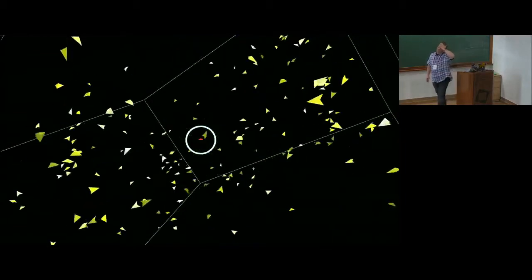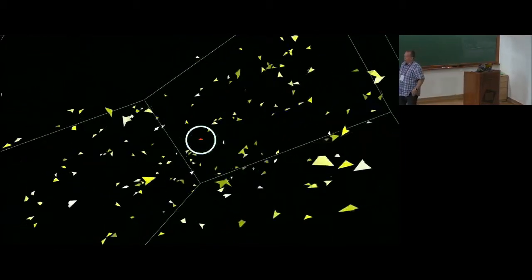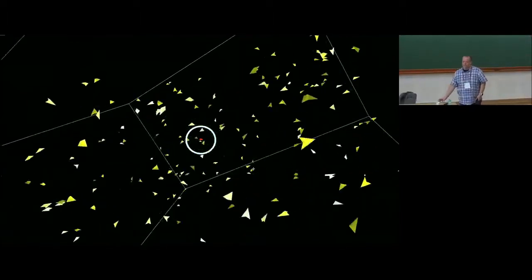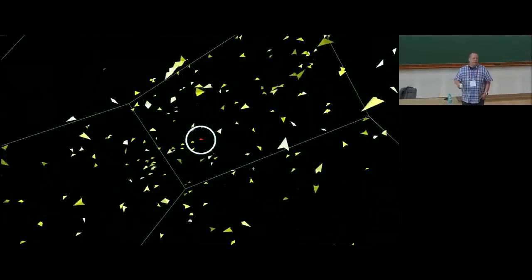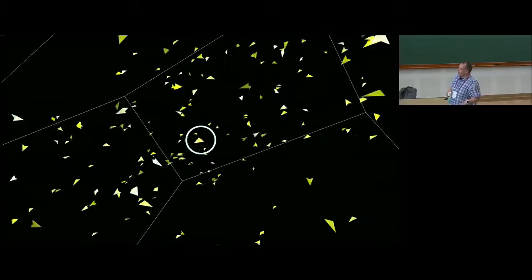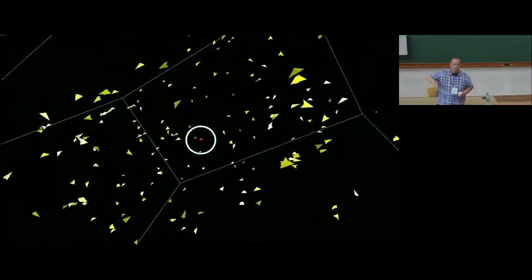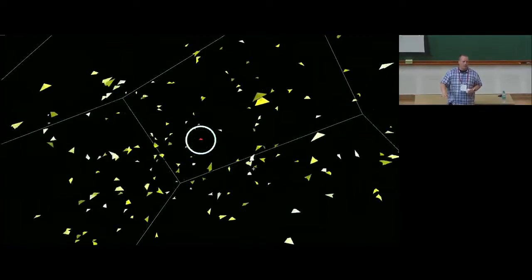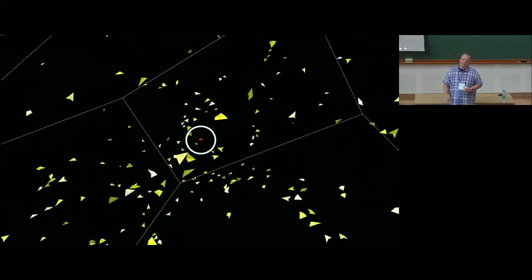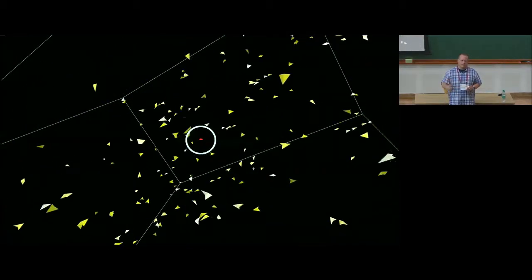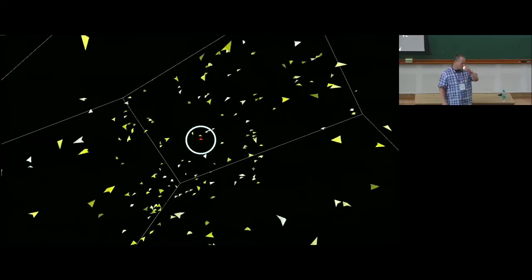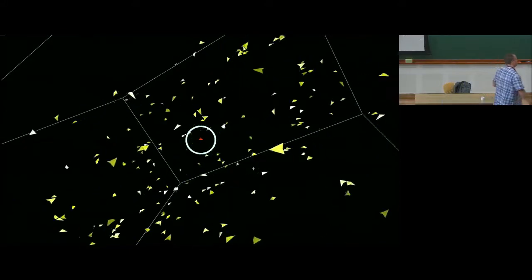So the only difference in 3D, it's exactly the same as doing it in 2D, except now you have to track not just heading, but also pitch and roll for the agents. And then you have to track not just X and Y coordinates, but Z coordinates as well. Okay.